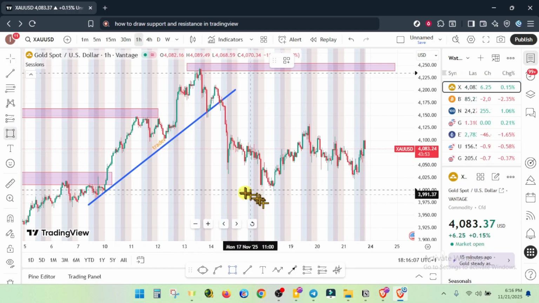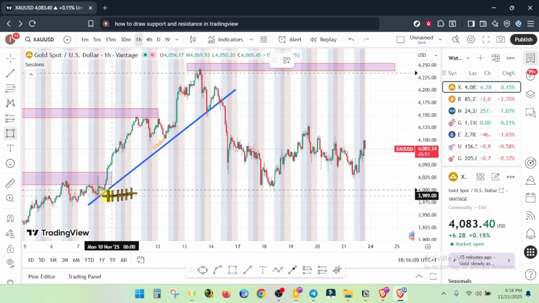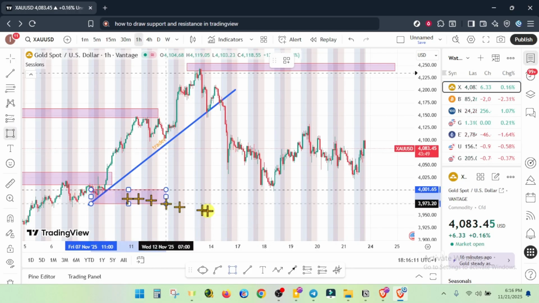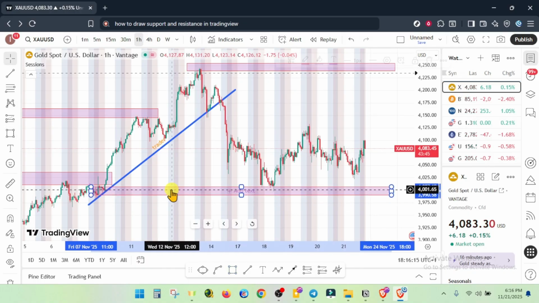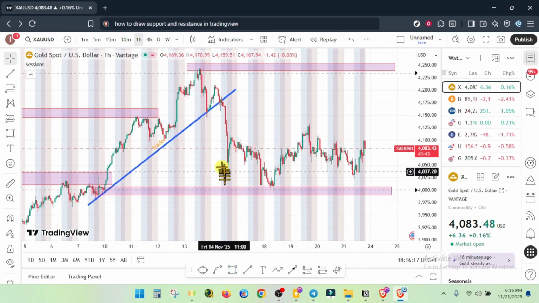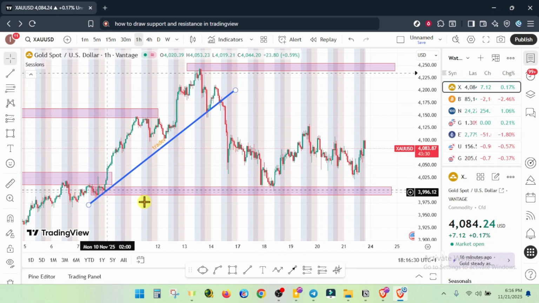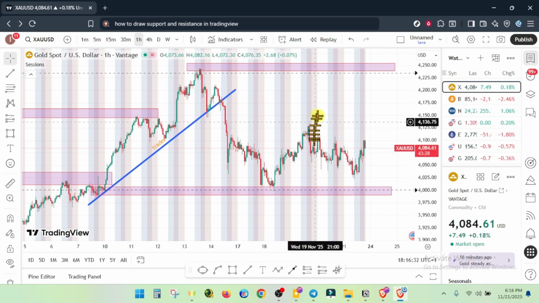Another lower high, draw it. As price comes to a lower high, it comes again, another lower high, then comes and retests here again. As you can see, a little bit of buying action. So that is how you draw a line.